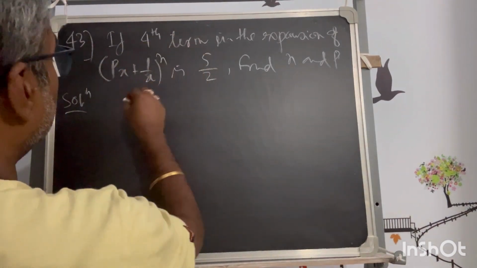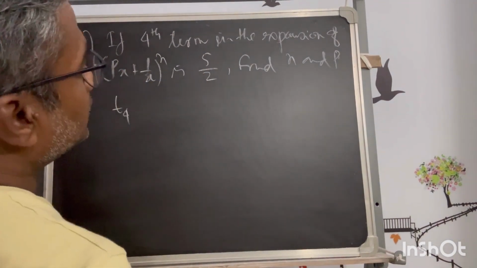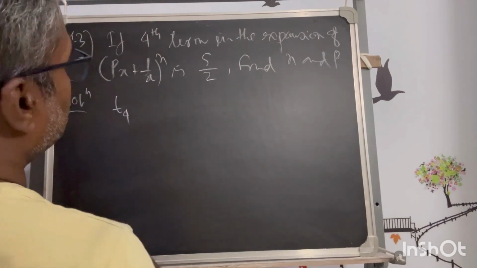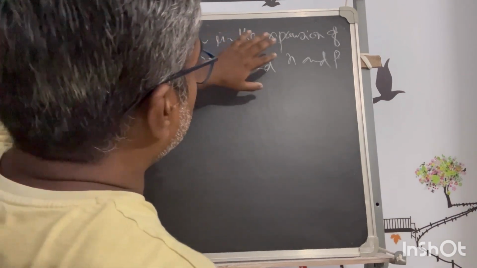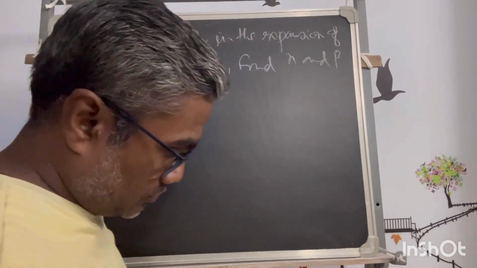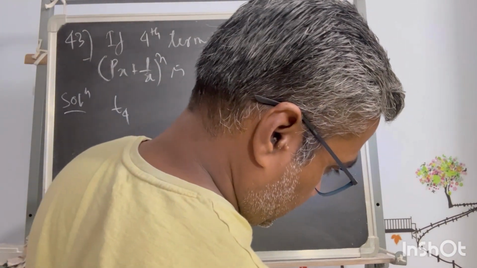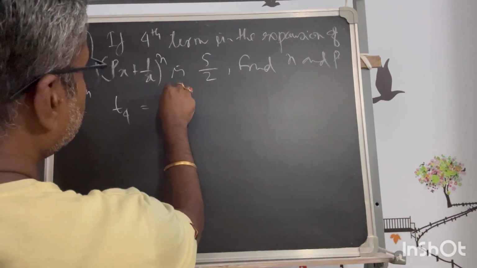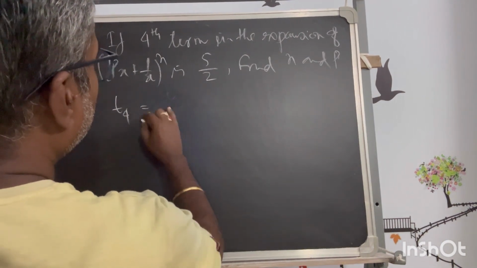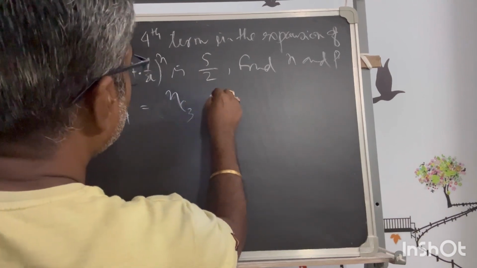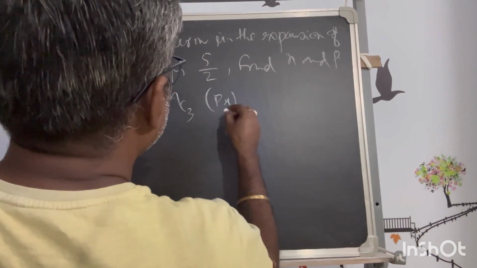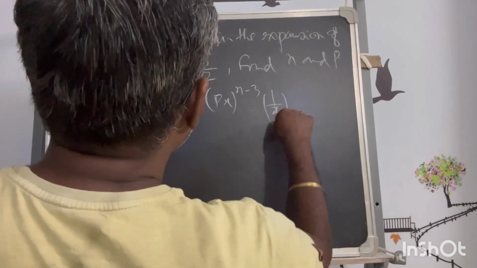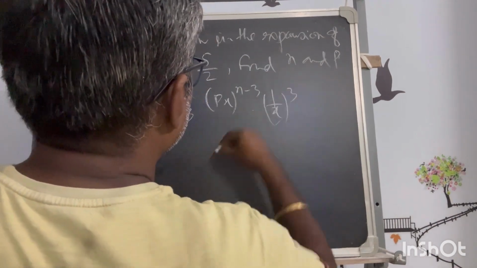So now the fourth term, that means T4 of the expression. If the fourth term in the expansion of this is 5 by 2, then T4 is equal to nC3 (first term) whole to the power n minus 3, (second term) whole to the power 3.